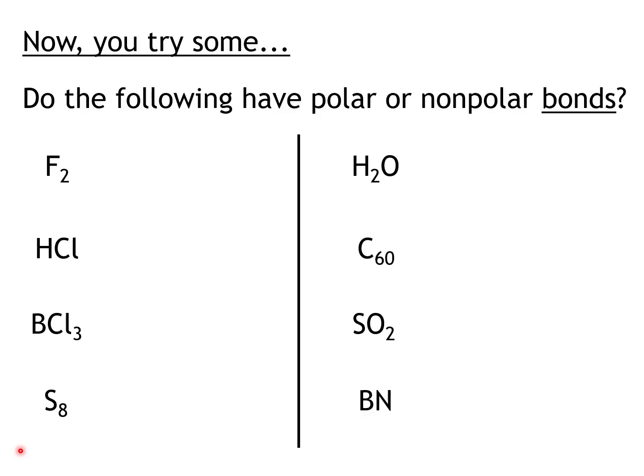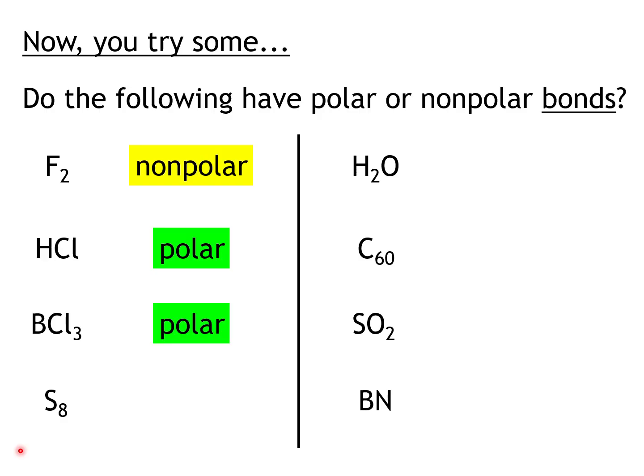So we look at this first one, we have F2, it's the same thing, so it's going to be nonpolar. HCl, they're different, so it's polar. BCl3, they're different, polar. S8. S8 is one of the allotropes of sulfur. It looks like a little crown.